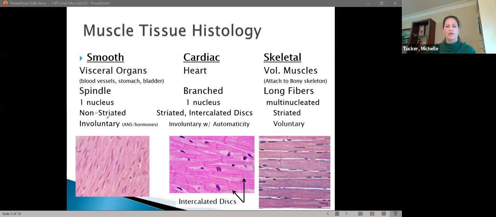They are what is called non-striated, and I'll talk about what causes striations in just a second. They always have a single nucleus, and this is partly because they are so small. And they're found in the visceral organs, such as stomach, small intestine, bladder, all along the GI tract. Pretty much everything in the GI system that's controlled by the involuntary nervous system.